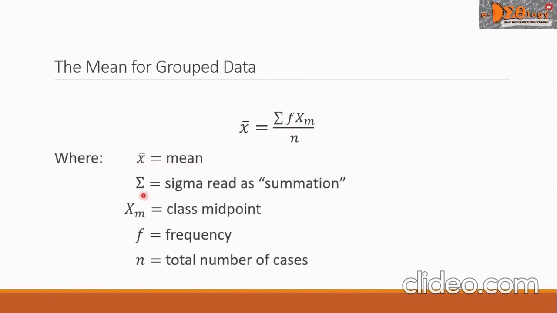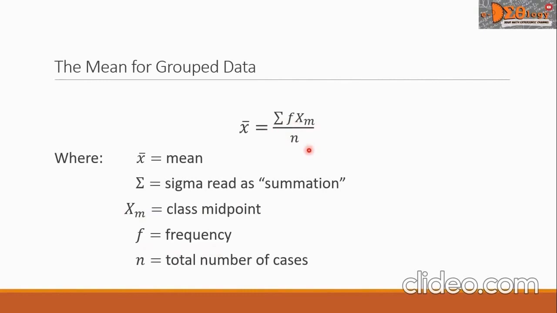The sigma symbol is read as summation, x sub m is the class midpoint, f is the frequency, and n is the total number of cases. So this formula will be read as x bar equals summation of f times x sub m all over n.